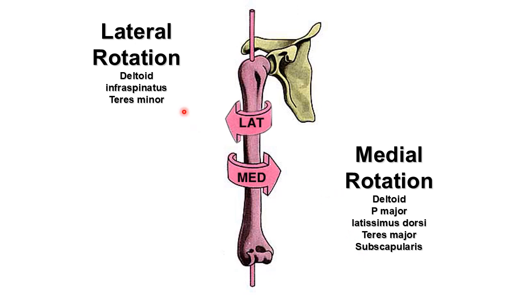Lateral rotation is done by the posterior fibers of deltoid, infraspinatus, and teres minor. Again, remember these two muscles are related in action. Medial rotation is done by the anterior fibers of deltoid, pectoralis major, especially the sternocostal head, latissimus dorsi, teres major, and subscapularis.